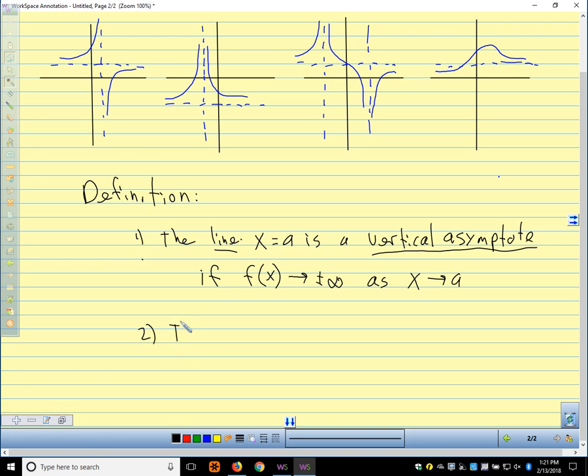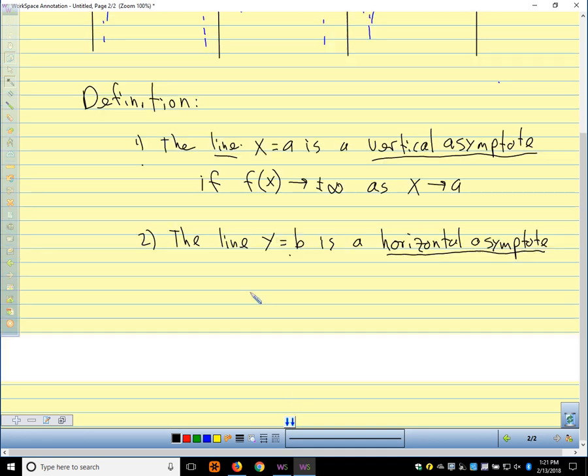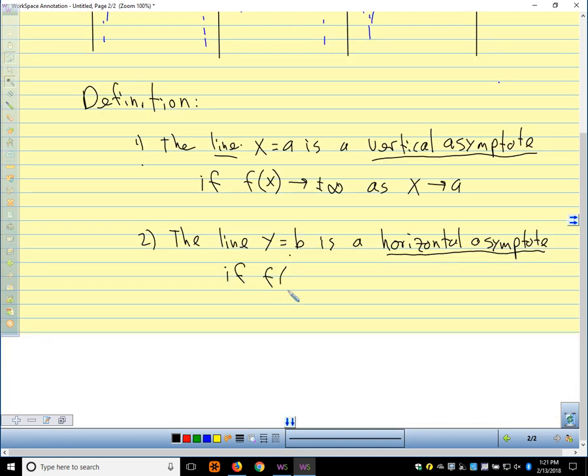Second part of the definition. The line y equals b is a horizontal asymptote if f of x approaches b as x approaches plus or minus infinity.